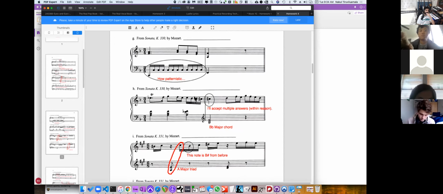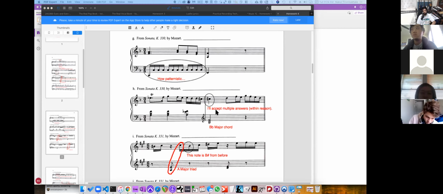So this could be multiple answers, from the standpoint that, well, this one's kind of tricky, right? Let's just think about what this could be. Any ideas for what this could be? Because I will accept multiple answers. I guess if you explain yourself, that's the most important thing.